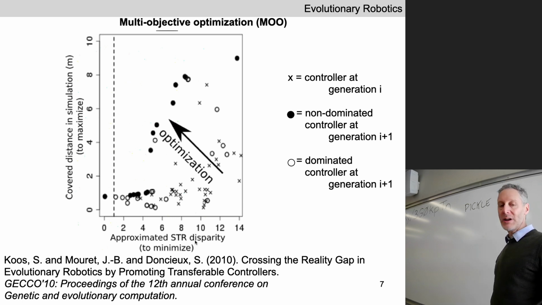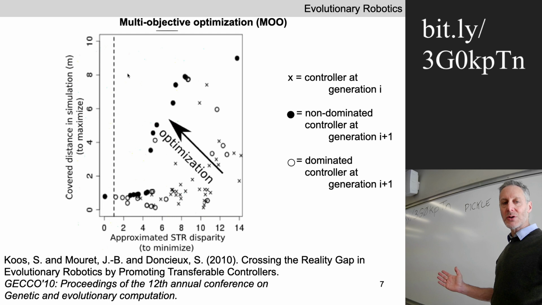How much different is the behavior produced by this controller, for example, going to be on the simulated robot compared to the real robot? We're trying to minimize this metric, this fitness objective, and we're trying to maximize this fitness objective. So we're trying to push the Pareto front, represented by the black dots. We're trying to push that up and to the left.